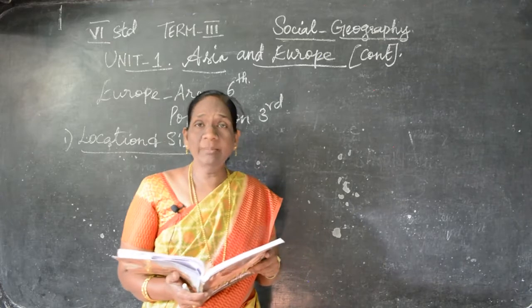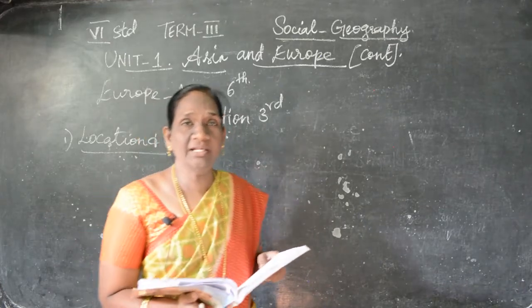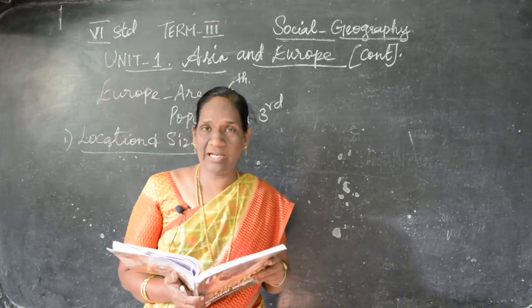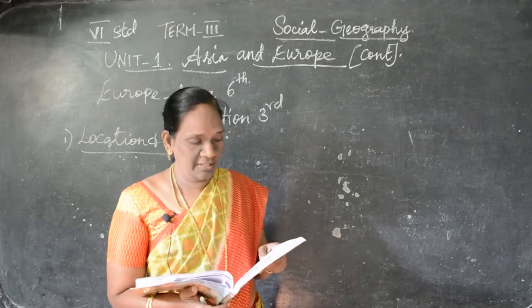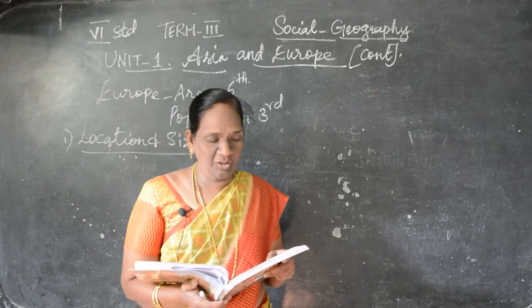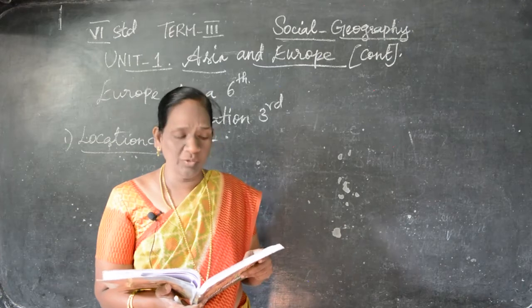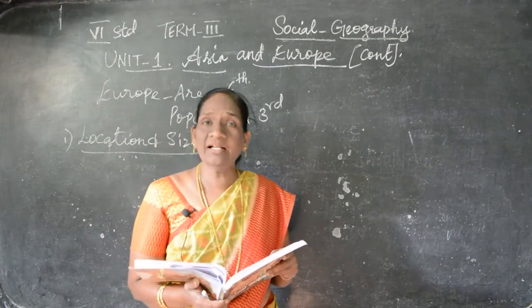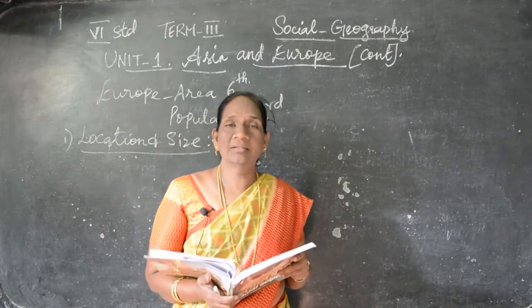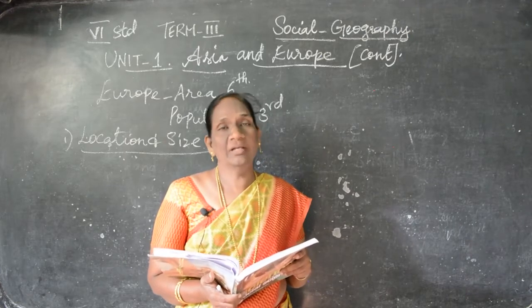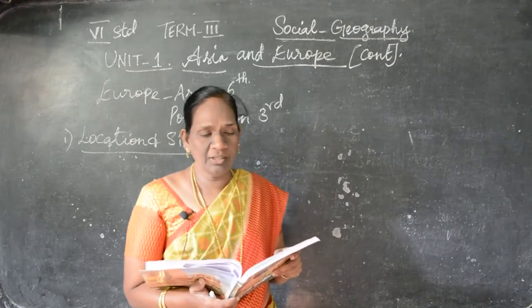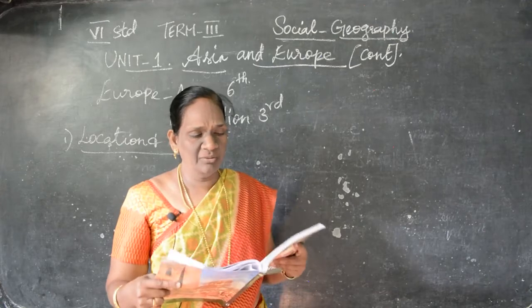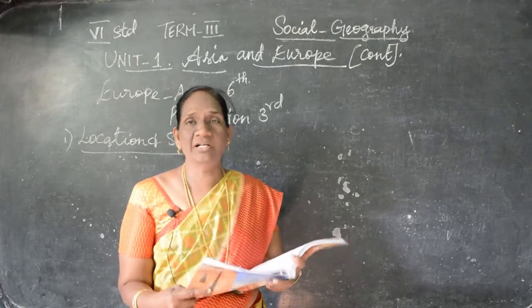Then the prime meridian, the 0 degree longitude, we can call it the Greenwich meridian. It passes through Greenwich in England. Europe is found in the northern hemisphere.